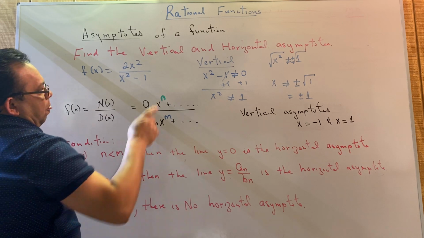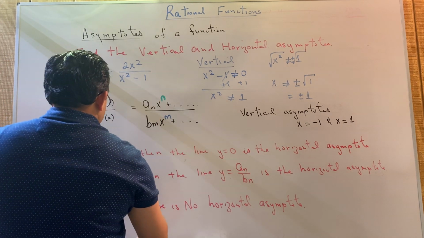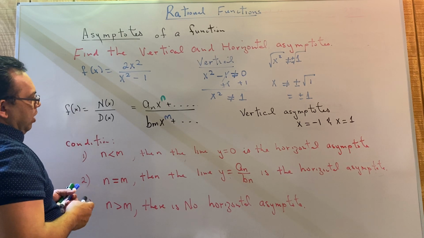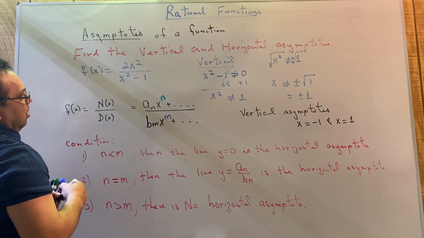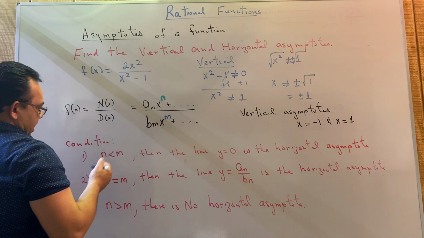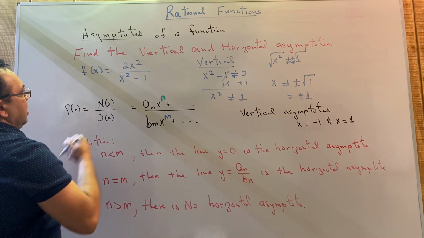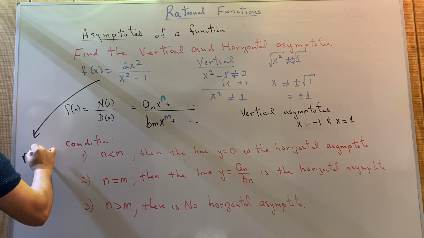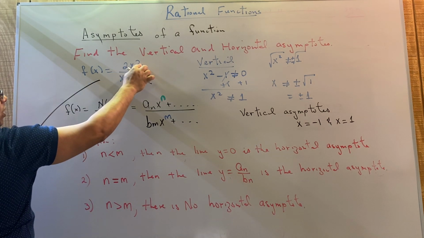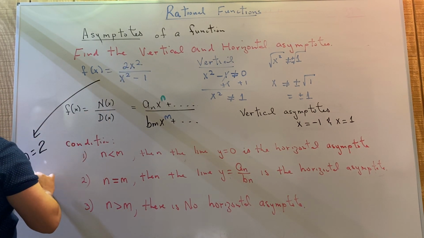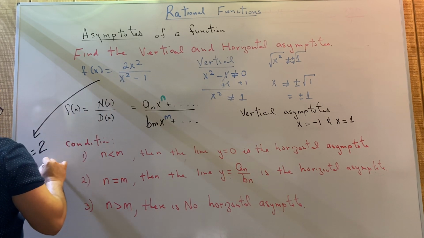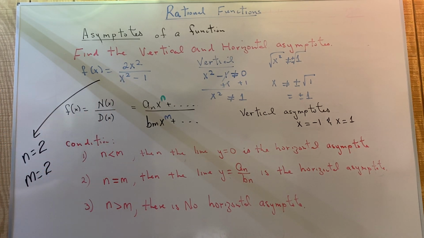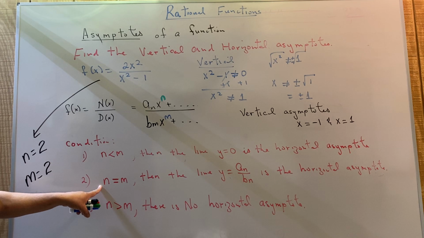Now, we're also asked for the horizontal asymptote. For the horizontal asymptote, we want to compare the powers. So n here, for this example, is equal to 2, that's the numerator power, and m, the denominator power, is also equal to 2. So the numerator power is equal to the denominator power, and we're looking at condition 2.